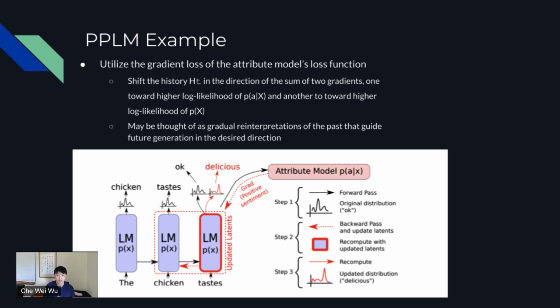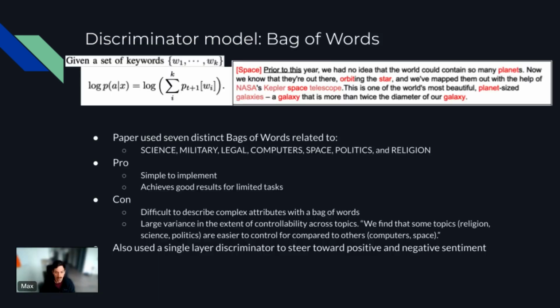So the pre-trained model might generate "the chicken tastes okay," and we pass the "okay" to the attribute model and recompute the input of the encoder. In the second pass, it generates "the chicken tastes delicious," and we keep this output. From this timestamp on, the future generation will be steered toward the desired attribute gradually.